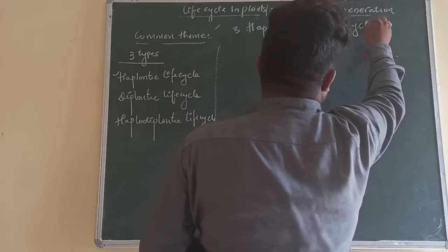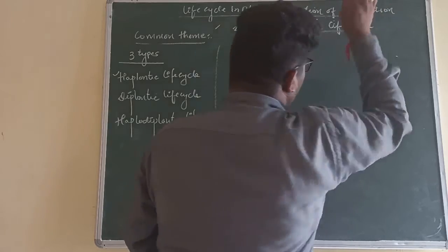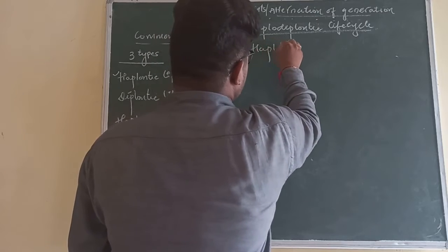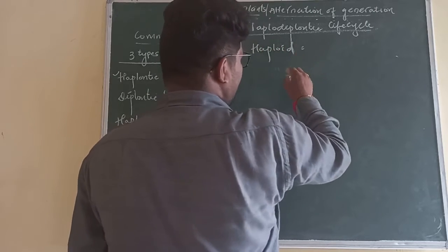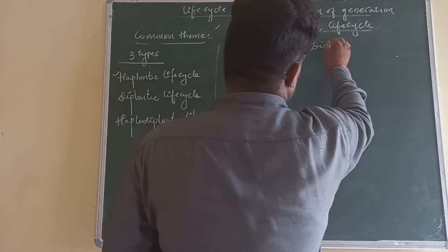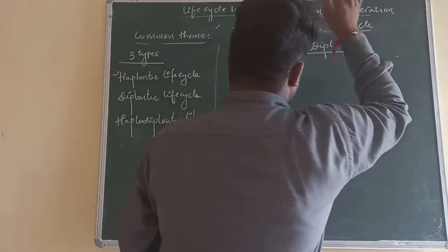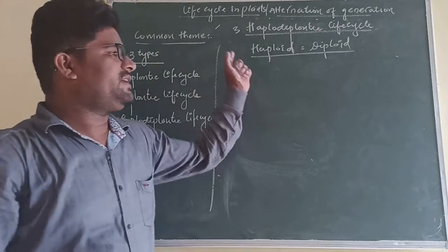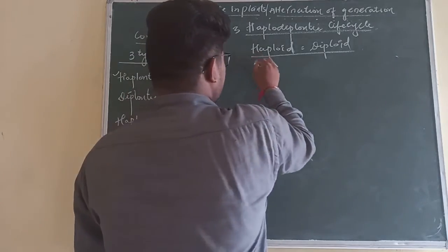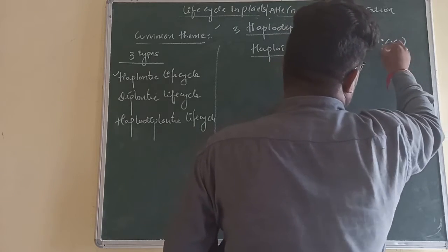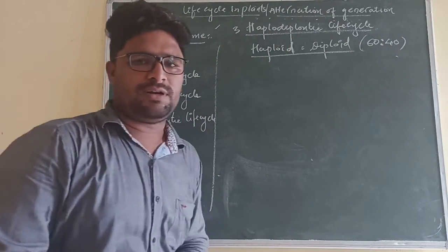Haplodiplontic means as much as the haploid stage will be dominant, equally the diploid stage will be dominant. Haploid stage equal to diploid stage. So 50-50, or here it is the 60:40 ratio. This is very important.